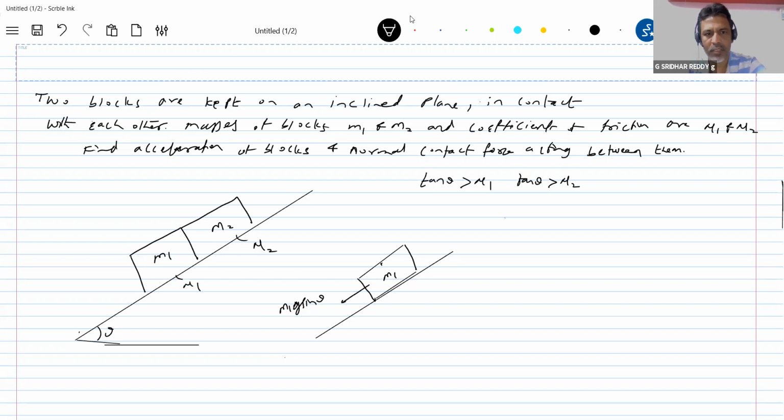The second block will push on the first block, so let me show that: the reaction, let me call it R. And the friction here, let it be F1. The normal contact is N1, and this is M1g cos theta.